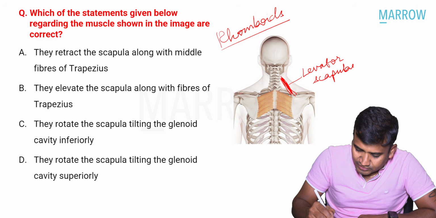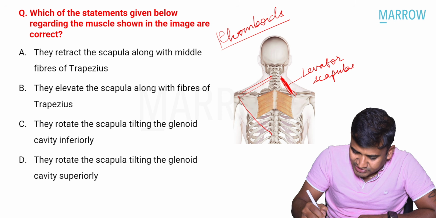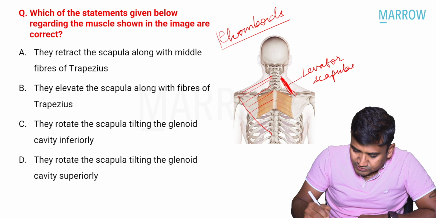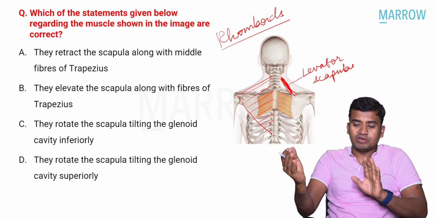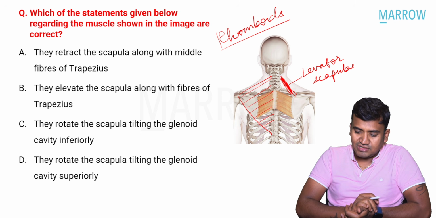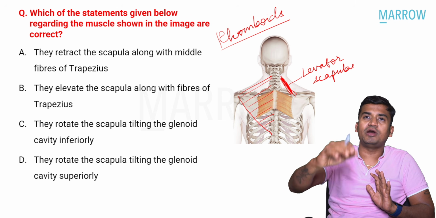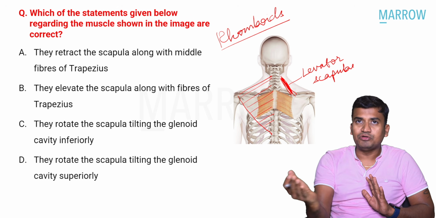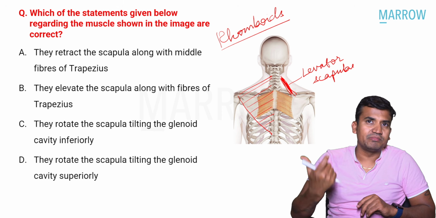And overall, see here, I am drawing now. This is our trapezius muscle. The trapezius muscle will be covering the levator scapulae muscle, rhomboideus minor and major muscle. If you want to see the levator scapulae and rhomboideus minor and major, then we have to remove the trapezius muscle. Now, trapezius muscle action, I hope you remember.